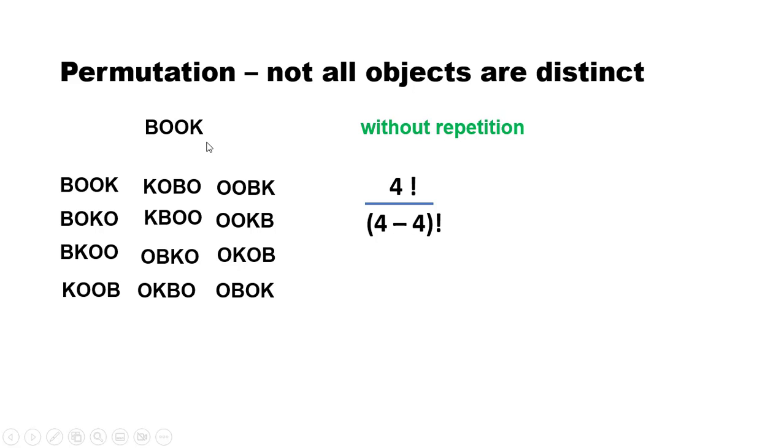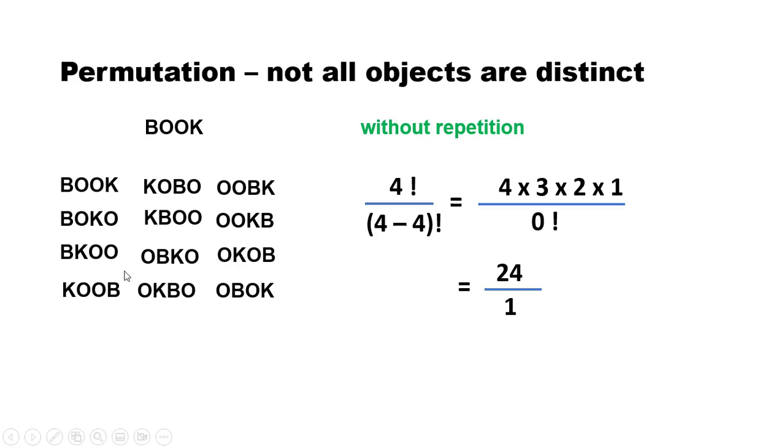Here in this context we have 4 letters available, and we are using all the letters for finding out permutation. So in this case 4, and we know that this will become 4 times 3 times 2 times 1 divided by 0 factorial, and we know that 0 factorial is equal to 1. So when we calculate, we get the value of 24.